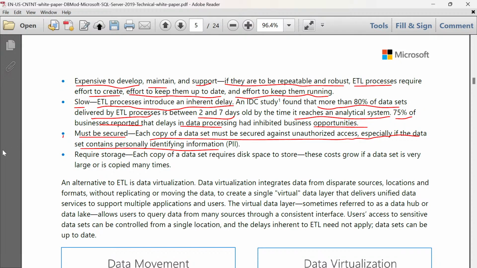Then the last point that we have is that it requires storage. Each copy of a data set requires disk space to store. These costs grow if the data set is very large or is copied many times. Copied means redundancy.